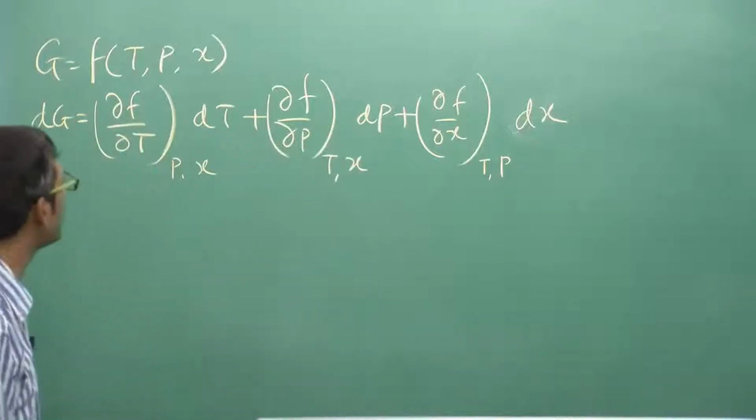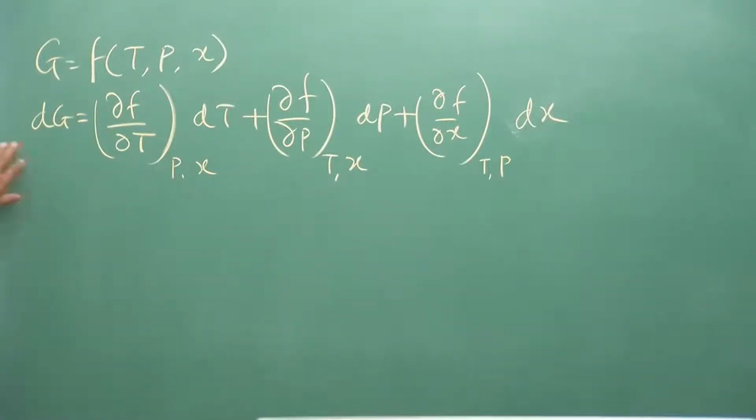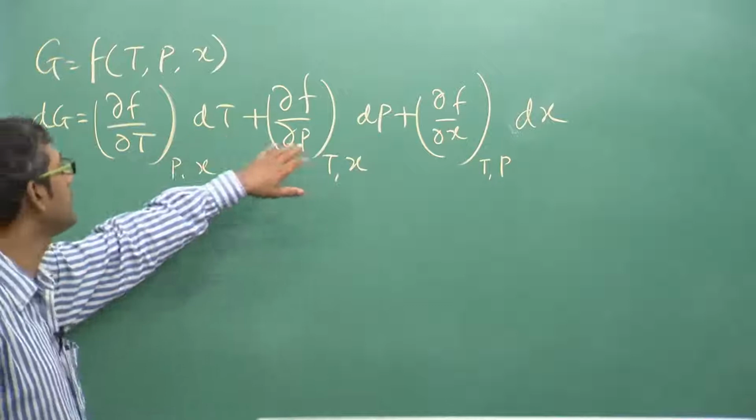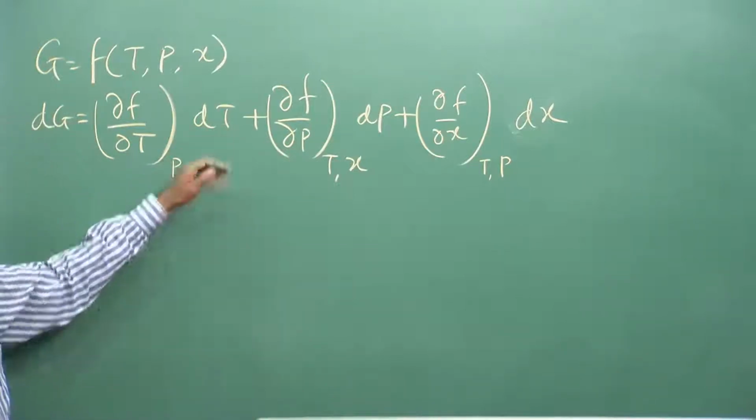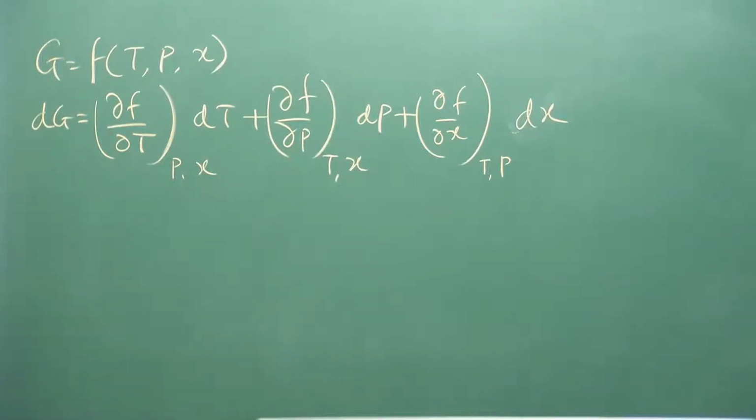This is a mathematically correct equation. The total differential is the sum of partial derivatives multiplied by these differentials.